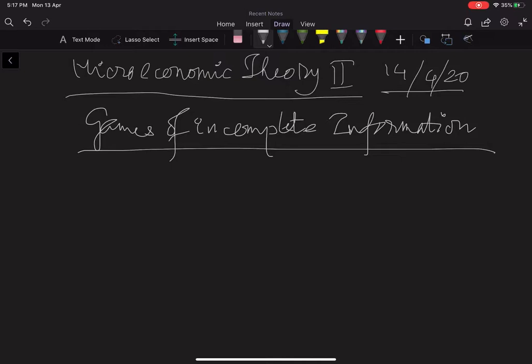So all the players know all the payoffs of each other, right? That belongs to this broad umbrella class of games of complete information, right? The games so far that we have been discussing are games of complete information, and today we will allow the possibility that players may not know the payoff matrix entirely.